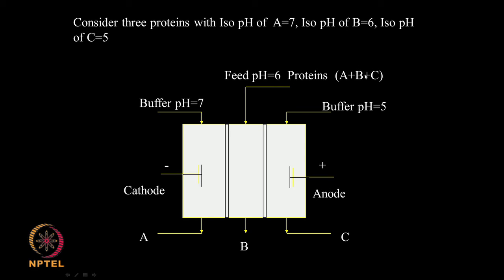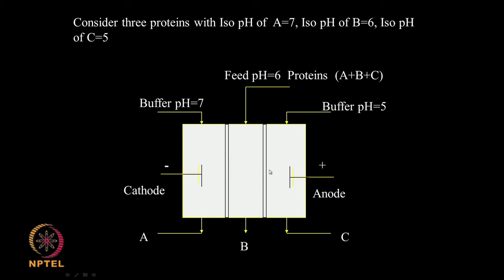Protein B will not have any charge because the pH matches with the isoelectric pH of B. So, when it is fed here, you are applying a voltage, okay, you have an anode here, you have a cathode here, okay. Now this zone has a pH of 5, this zone has a pH of 7 and you are applying a positive charge and a negative charge. So, what will happen?